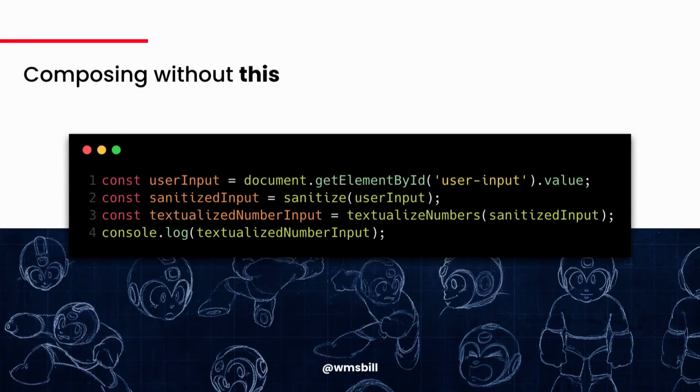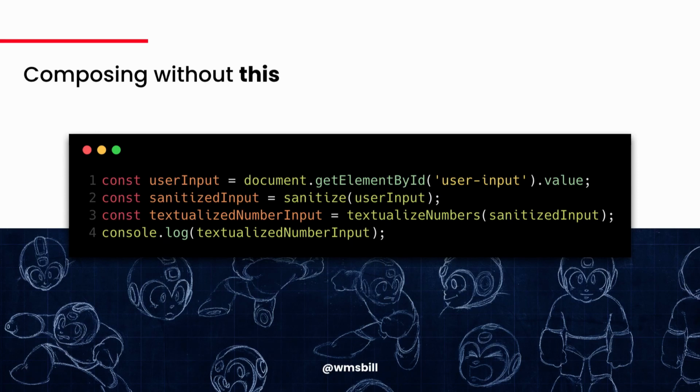So how can you compose functions the same way without relying on this? Let's suppose I have this functionality that whenever the user inputs something, I need to sanitize this input, textualize all the digits I receive, and then console log those. Usually this is a way that we can do this, but to make it readable, we end up having a lot of intermediary variables.